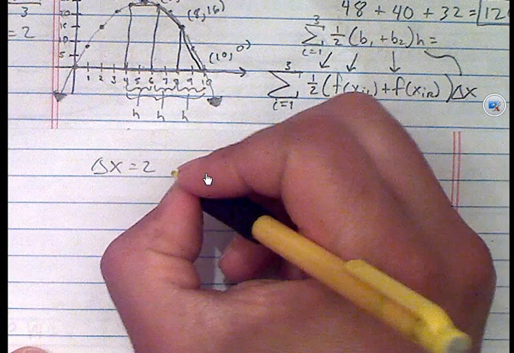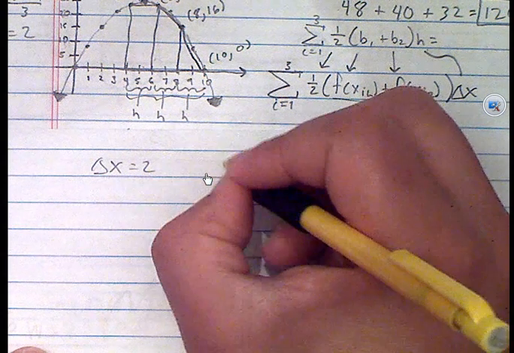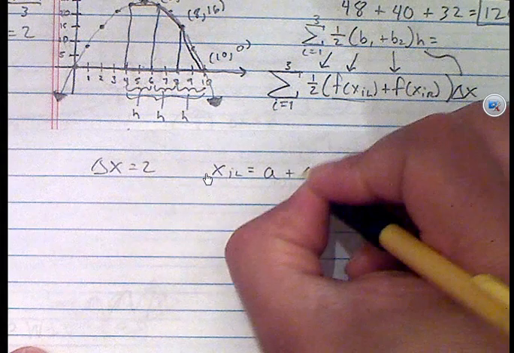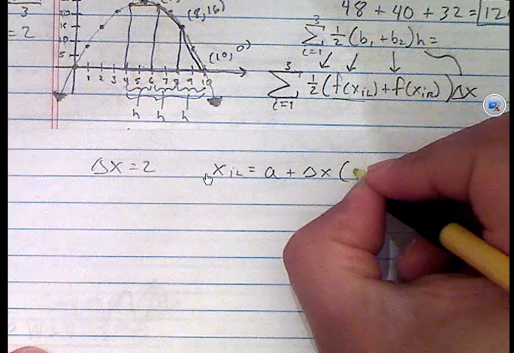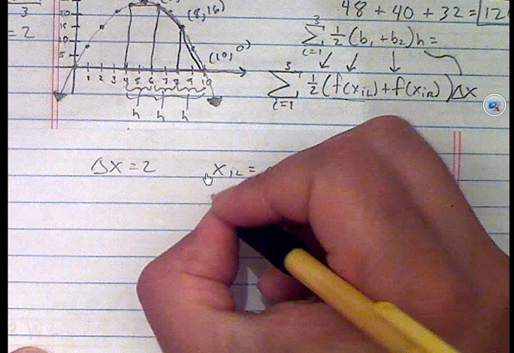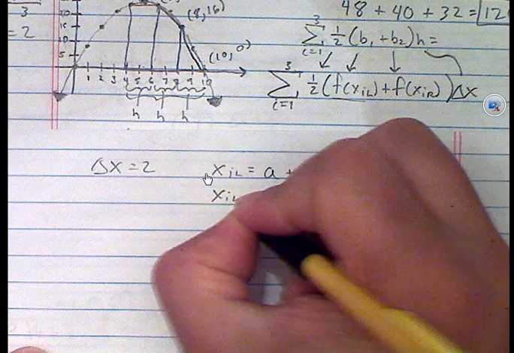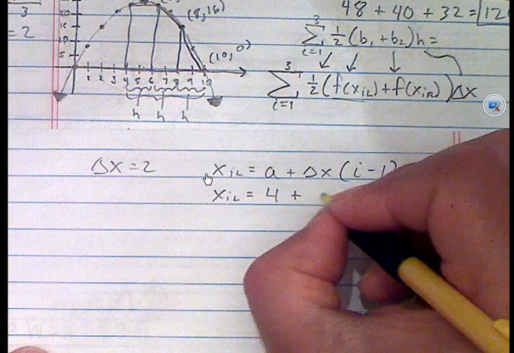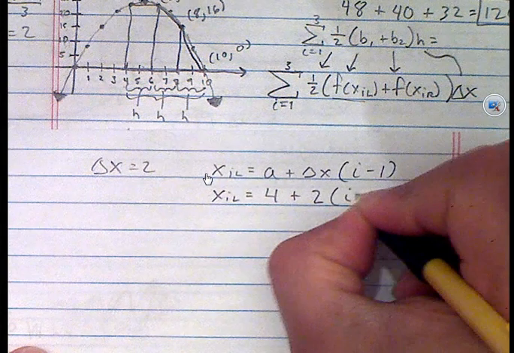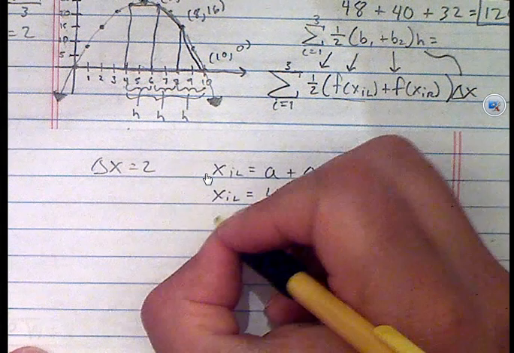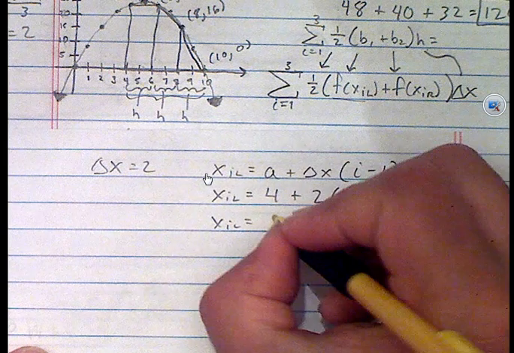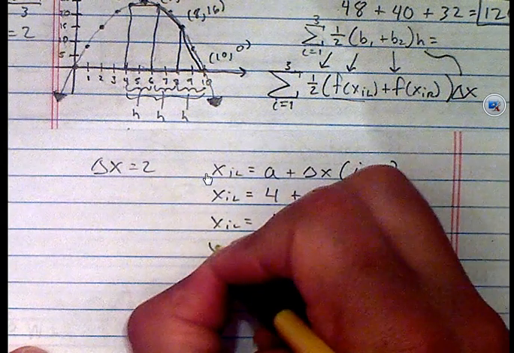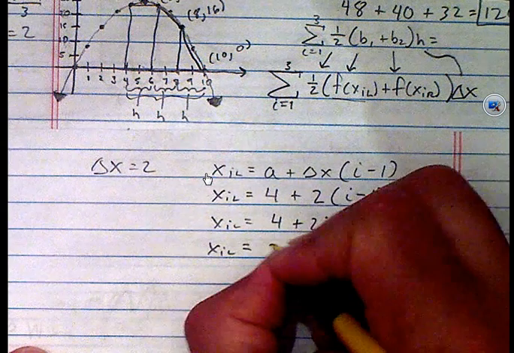So we need to find x of il, which is a plus delta x times i minus 1. And then our a is 4. 4 plus delta x is 2, i minus 1. And then I have 4 plus 2i minus 2, and then 2 plus 2i. Okay?